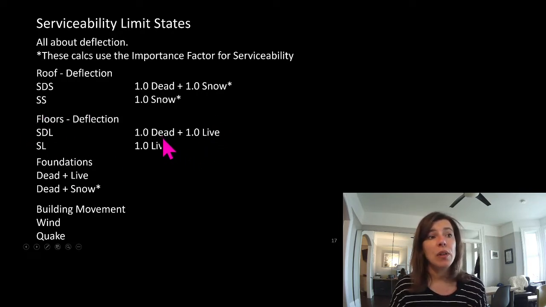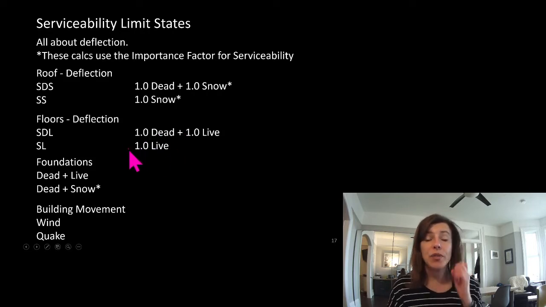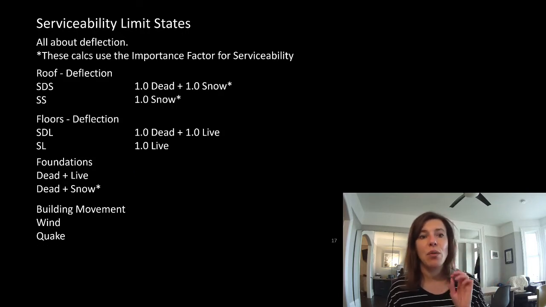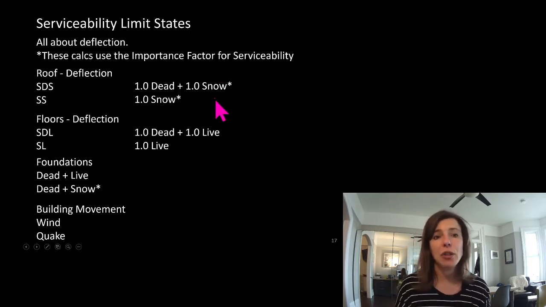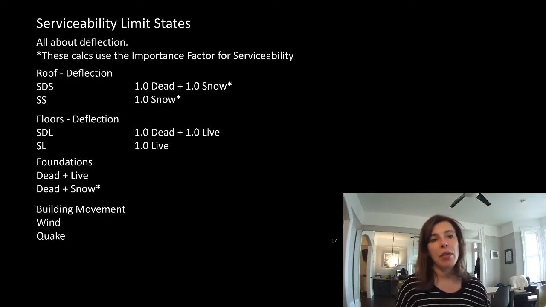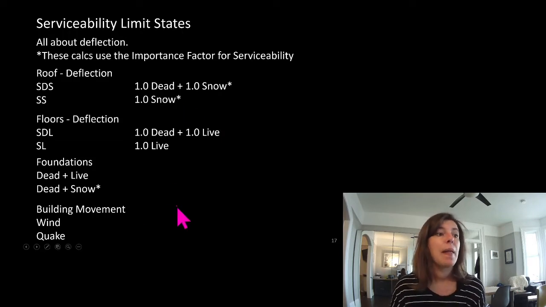Floors, for live, we would have dead and live, or live all by itself. And remember, we had serviceability deflection limits of dead and live, or live by itself, or dead and snow, or snow by itself. So eventually, in Lecture 4 next term, we'll start to compare these values to see what the actual deflection is and compare them to that allowable deflection we calculated at the beginning of this term.